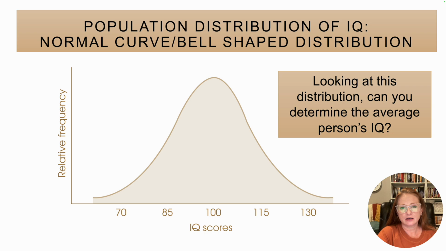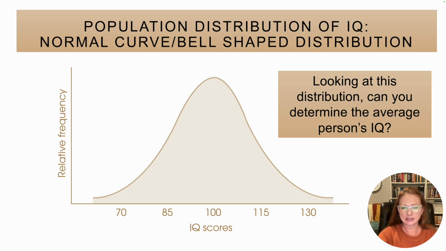So when we get into our lessons 4, 5, 6, and 7, we're going to dive a lot deeper into this. But at this point, I just want you to take a look at the shape. Okay? So as you can tell from the shape of this distribution, most people have an IQ score of around 100. Remember what we know about frequencies, that's the whole theme of this lecture.